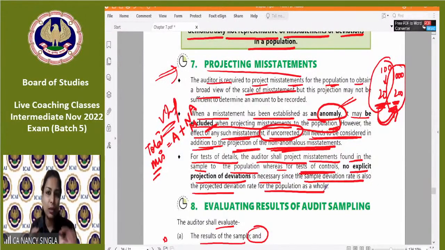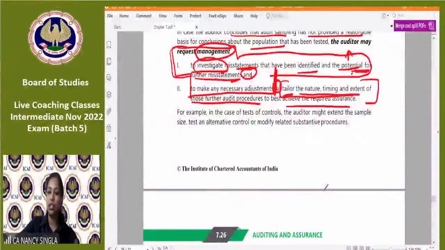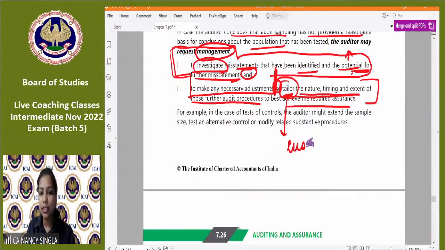That means you don't have to calculate separately, because 20% in the sample is 20% in the population. But if the misstatement is in rupees, a mistake of 500 in 10,000, then how much will it be in 1 lakh? Here you need to do what? Projection. Tailor is change. Tailor the NTE. Here tailor means change as per the circumstances. Tailor is customize, or you can say change.